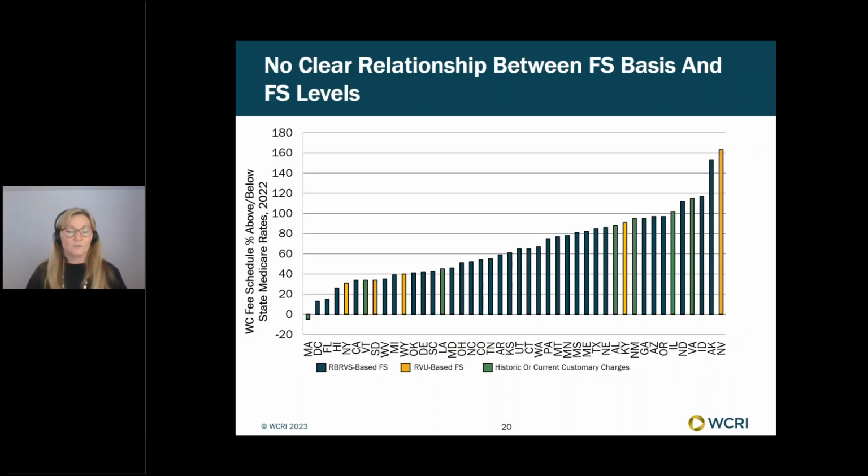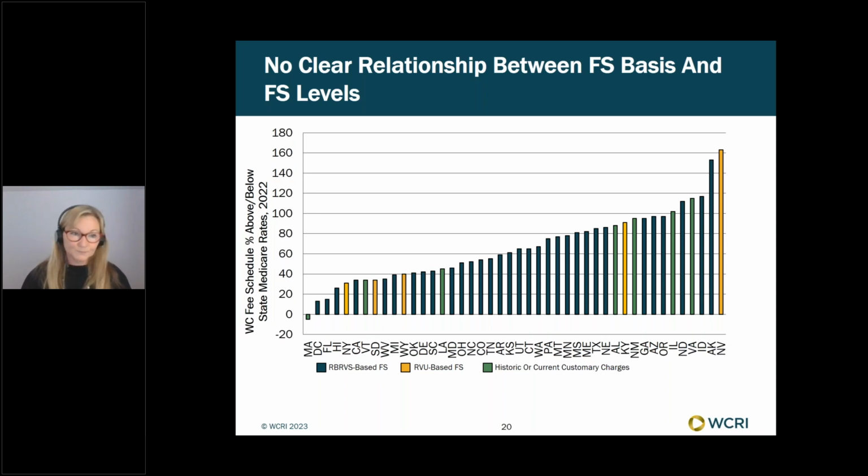So here we add information on the commonly used types of workers' compensation fee schedules, such as Medicare-based, that's green bars, alternative types of RVUs, yellow bars, or fee schedules that are based on historic usual, customary charges, green bars. And as you can see, there is no clear relationship between fee schedule basis and fee schedule levels.